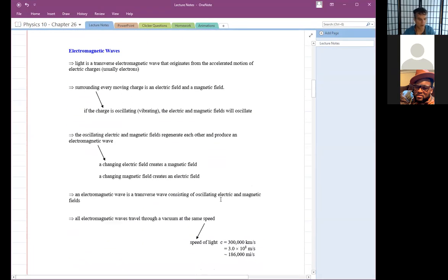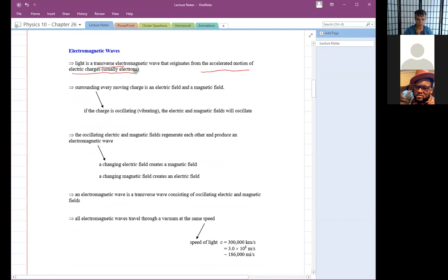Okay, so a little summary. Light, keep in mind, is a transverse wave. And remember, a transverse wave is one in which the disturbance is perpendicular to the direction of travel of the wave. And it's always being created by some kind of electric charge which are accelerating, or oscillating up and down.